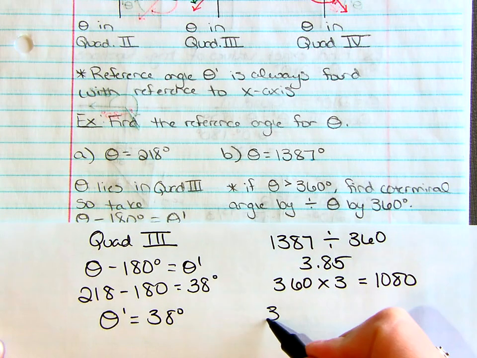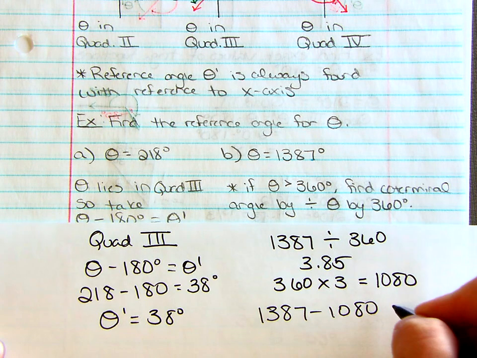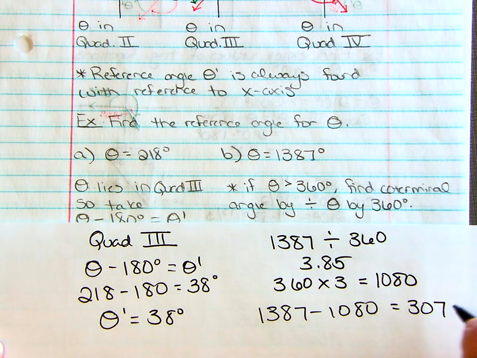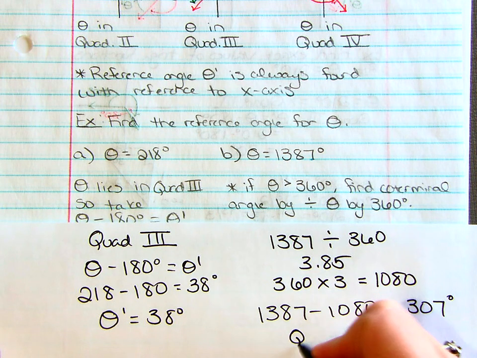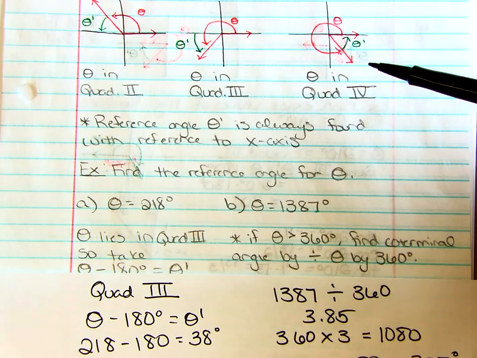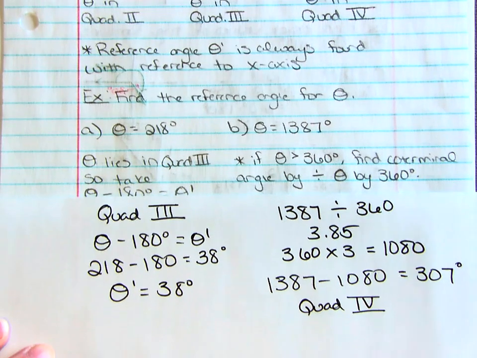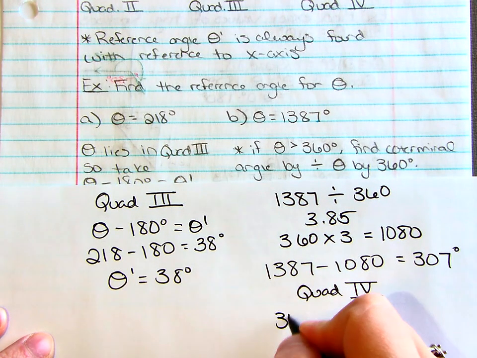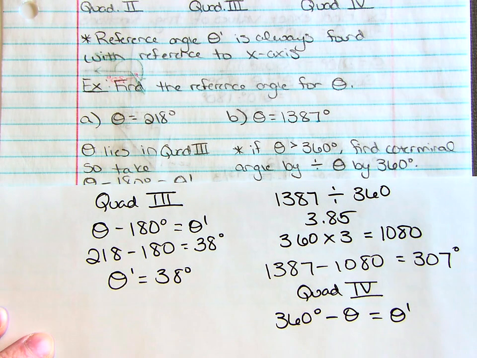So I can take 1387 minus 1080, and that gives me 307. 307 lies between 360 and 0. What quadrant does 307 lie in? Quadrant 4. So it's going to look like this last picture up here. When it looks like that, you can take 360 degrees minus your theta, and that's going to give you your reference angle.